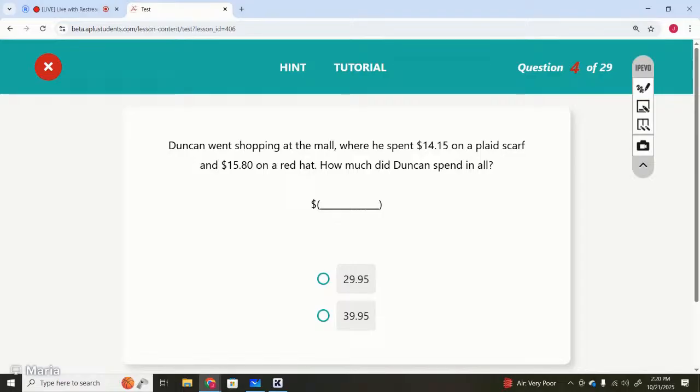How much did Duncan spend in all? You need to add. That is 29.95.